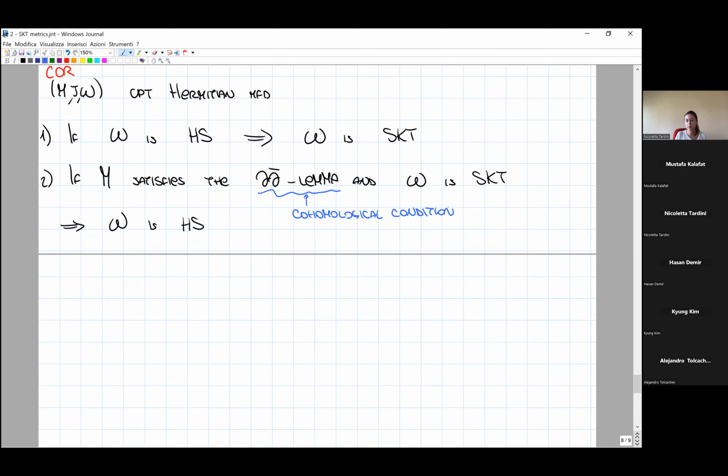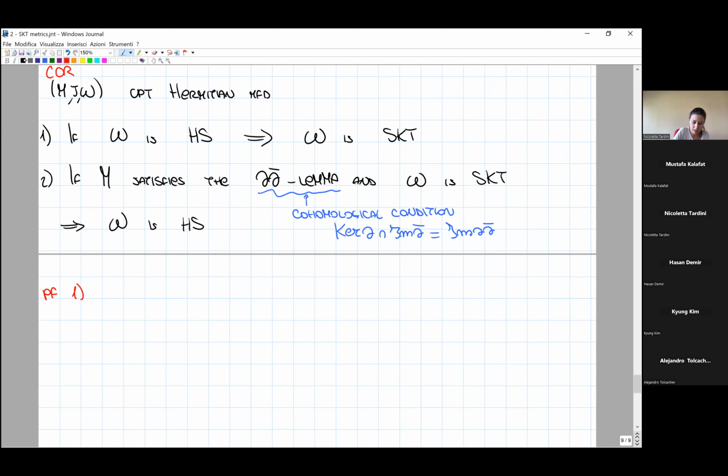I will not really talk about this condition. You can think of it as saying that on every form, the kernel of del intersected with the image of del bar is equal to the image of del del bar. This is one possible definition for the del-del-bar lemma. So let me just prove the first one because we are interested in SKT metrics. The second statement is easy to prove, but it's a bit long.